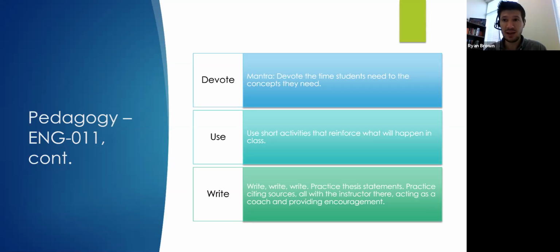Like I mentioned, the thesis statements activity. There's an activity to help students better understand comma usage, organization, the elements of essay writing, such as introductions, the body paragraphs, and the conclusion. And we just have students write.